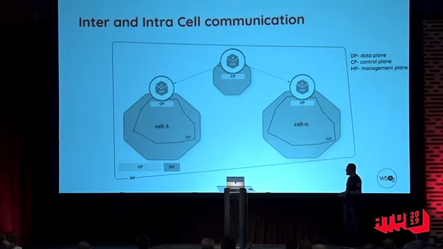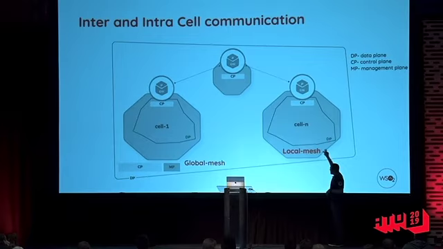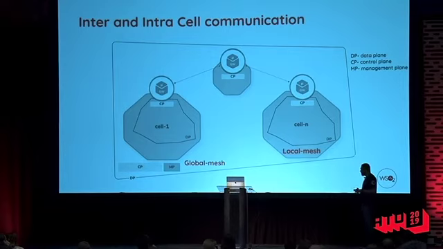So we call the inside-cell planes the local mesh, and outside we call it a global mesh. Those are the two components that we get. It helps to do the communication between components and cells.